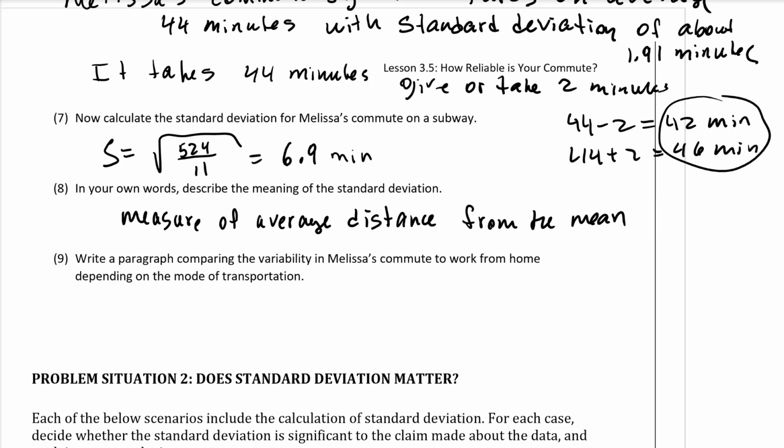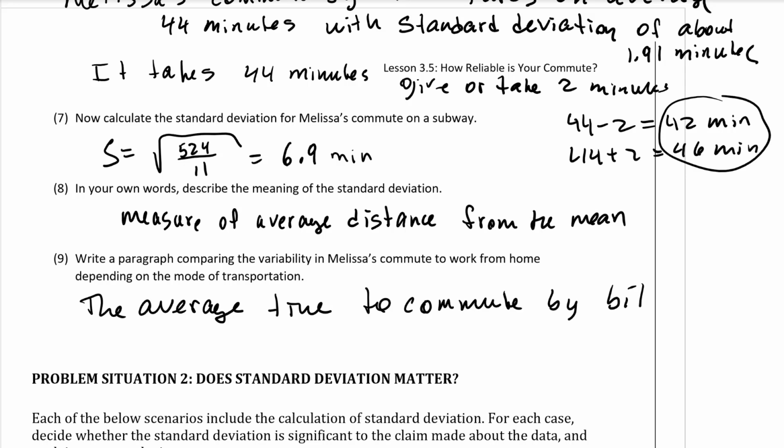So I'll give you a moment. So here, the average time to commute by bike or train or subway, I would say, is comparable, meaning 44 and 43 minutes.